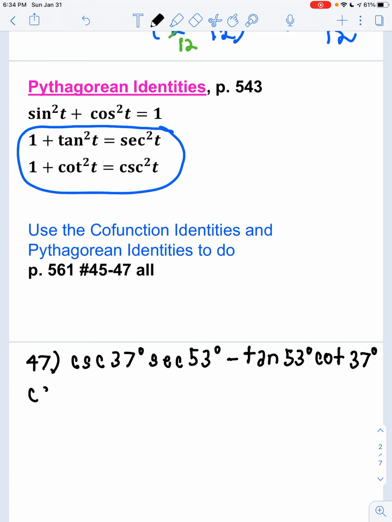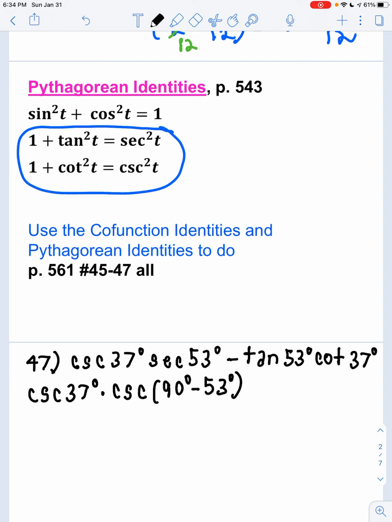So the cosecant of 37 degrees times the secant of 53 degrees. Well, since secant is a cofunction, I can rewrite secant as the cosecant of 90 degrees minus 53 degrees.